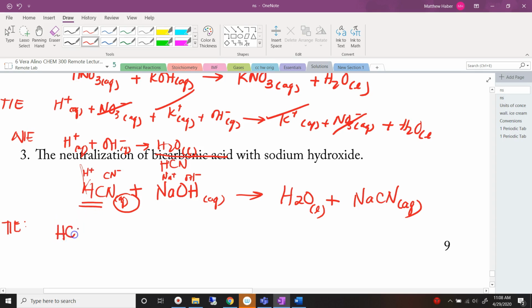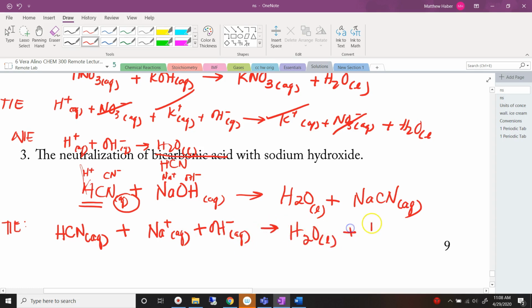It will stay in its compound form because it is a weak acid. Bases also, you have to analyze. Not all bases break apart into ions. Now, any group 1A and group 2A, they're safe. You can break them apart because they are strong bases. And so strong base, by definition, dissociates in water.